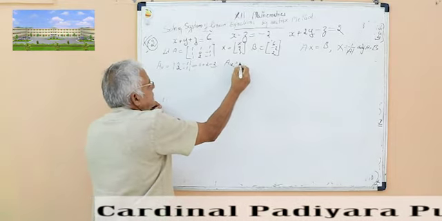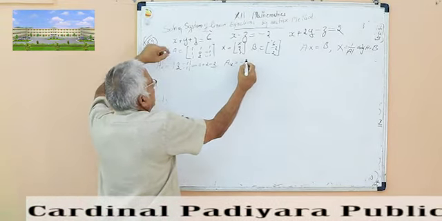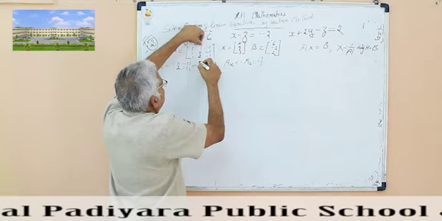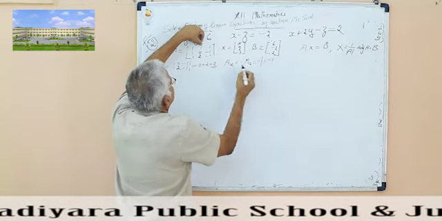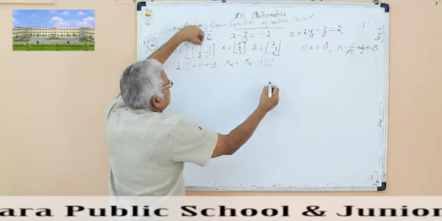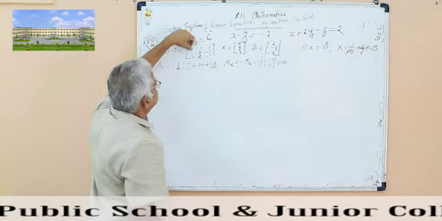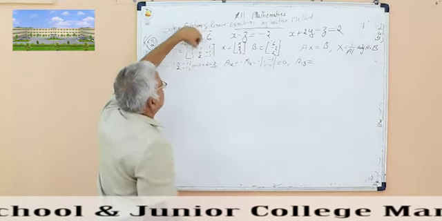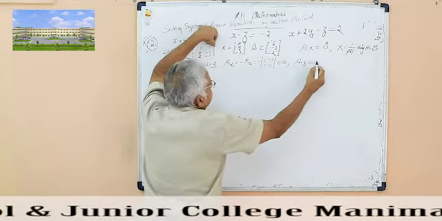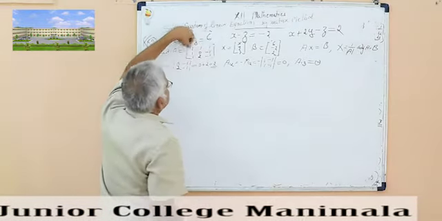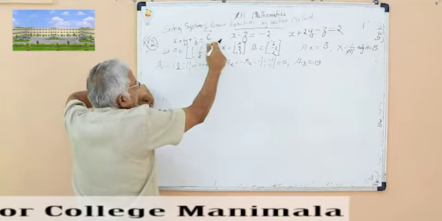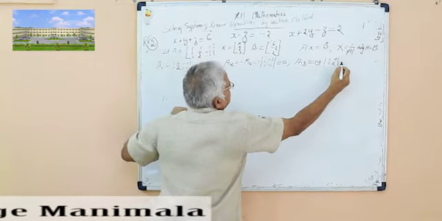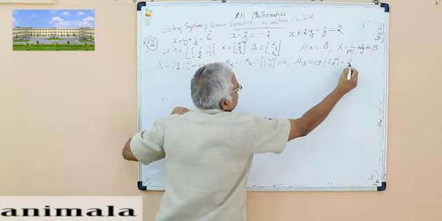A12 is equal to negative M12. For M12, delete the row and column containing the first row and the second column: 1 minus 1, 1 minus 1, is equal to 0. Again, the cofactor of the element 1,3 has a positive sign: delete the row and column containing the first row and the third column, determinant 1, 0, 1, 2, which is 2 minus 0, 2.